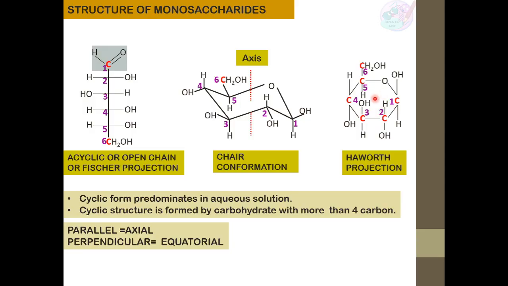But in a real scenario, the Haworth projection is not possible because all these groups are represented in the same plane, which is not possible because of steric hindrance between the groups. We use it just because it's easy to understand and draw. Whenever you see the cyclic structure of glucose, you mainly see this structure, but in aqueous solution the chair is the most stable structure of the sugar.